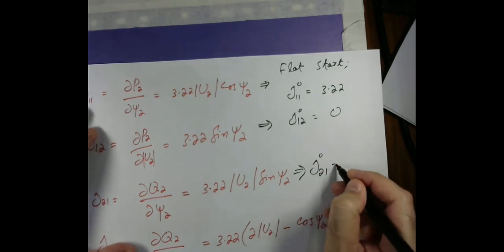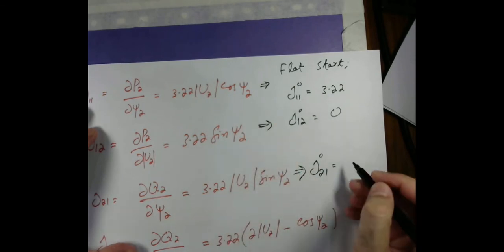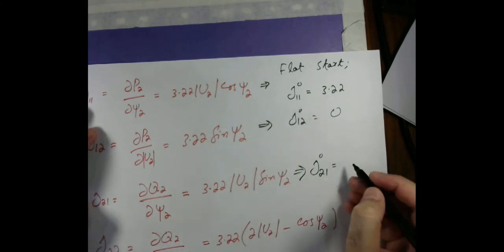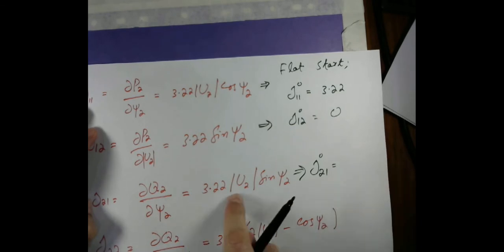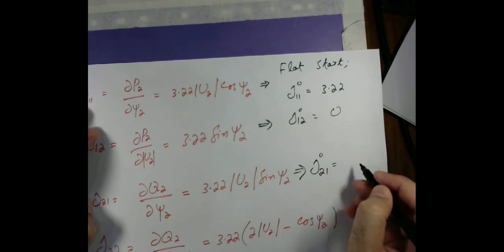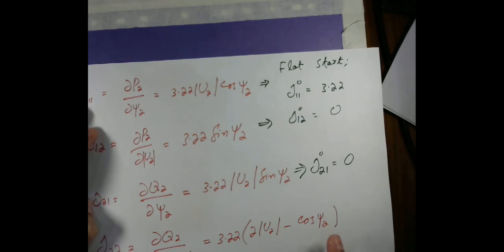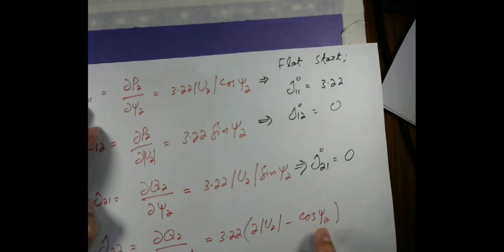Similarly, J21, for the initial guess of the values, will become once again 0, and the last term, because this is psi 2 which is 0, cos will become 1, and u2 is also 1 because the magnitude is 1, so it is 2 minus 1, which is 1, and 3.22.